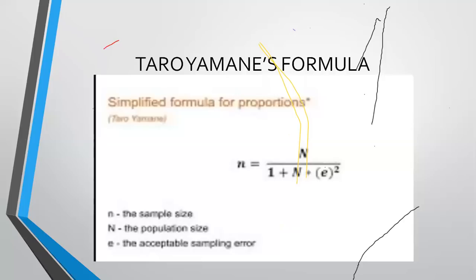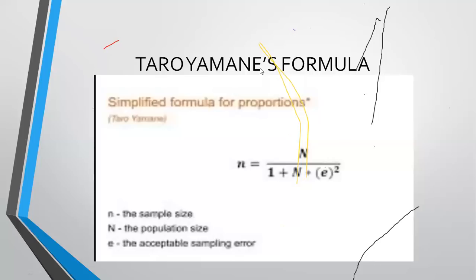So if you are calculating, okay, I want you to carry out a class work. That's why I said, are you with your pen? Using Taro Yamane's formula, I want you to calculate the sample size of a total population of 2,000 participants.